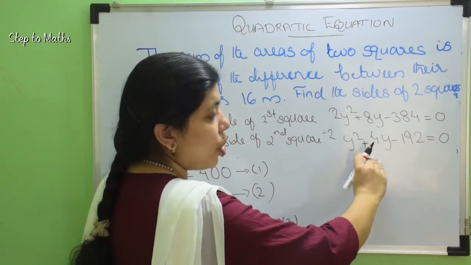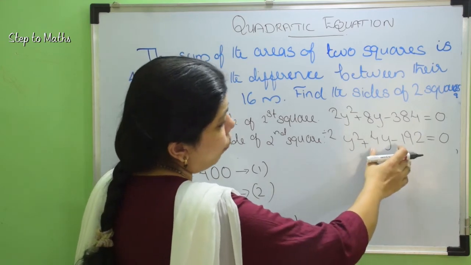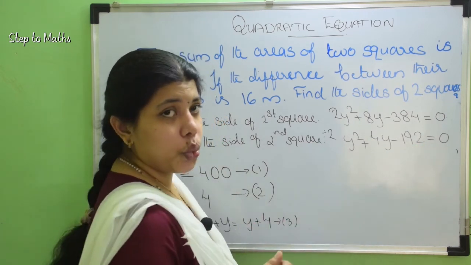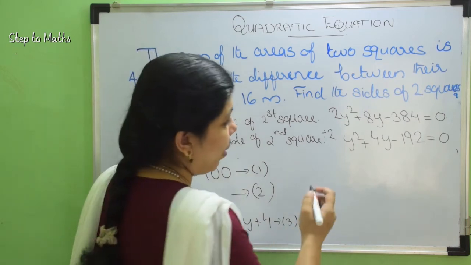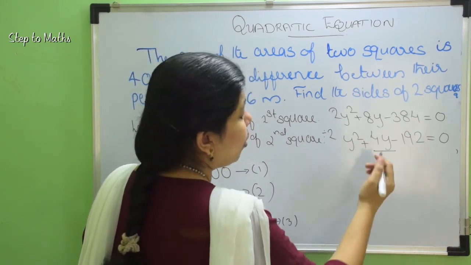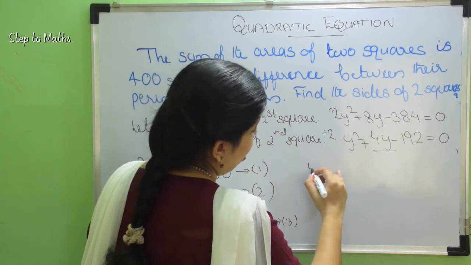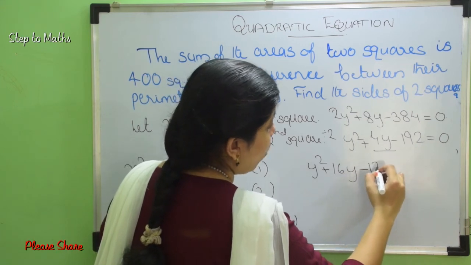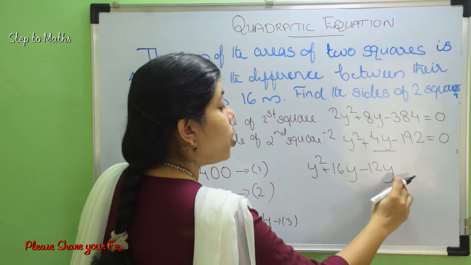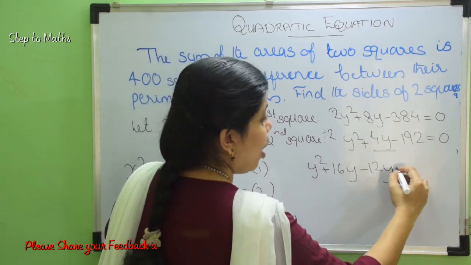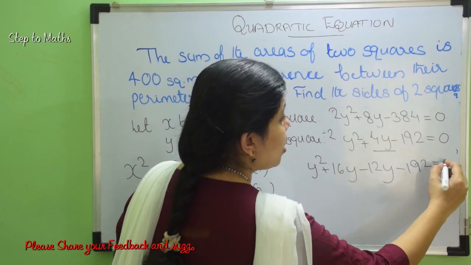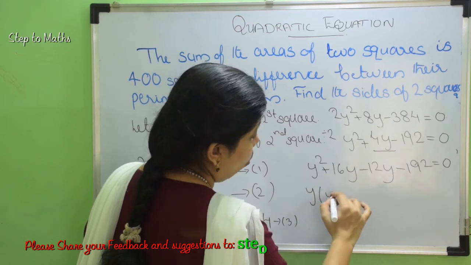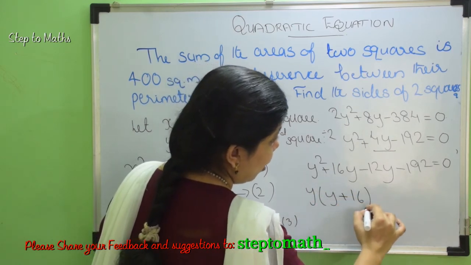If we apply the factorization method, we have to find two numbers whose sum is plus 4 and product is minus 192: 16 and 12. So we can write the term plus 4y as plus 16y minus 12y. From the first two terms, taking y as common, it becomes y into y plus 16.